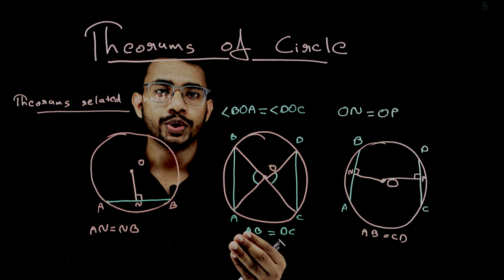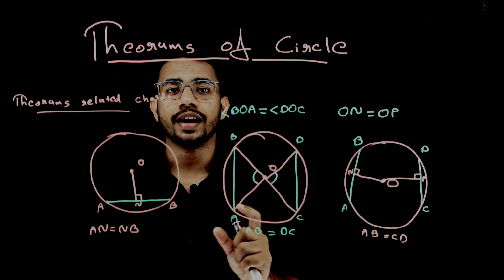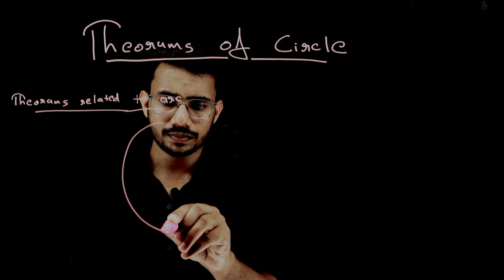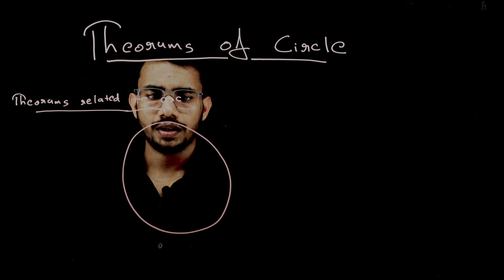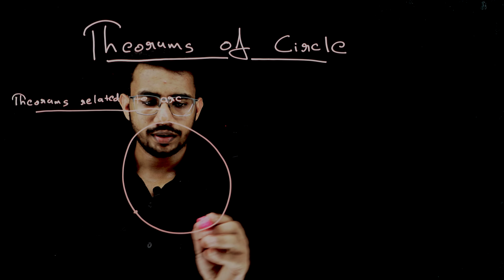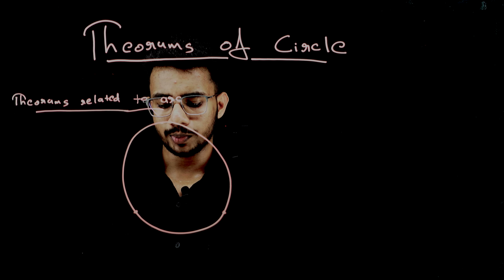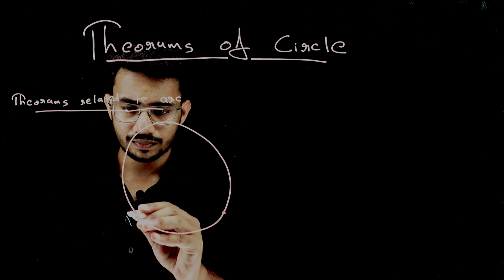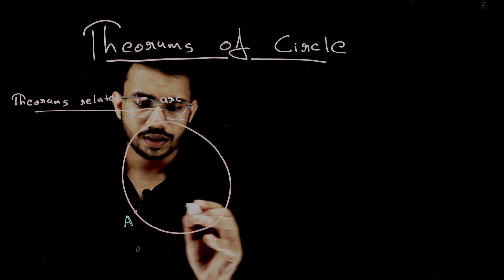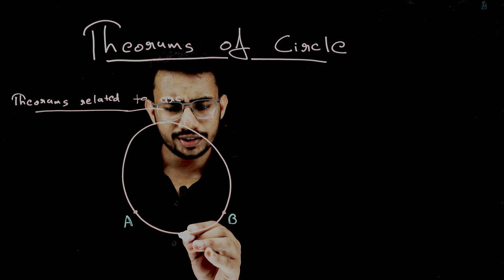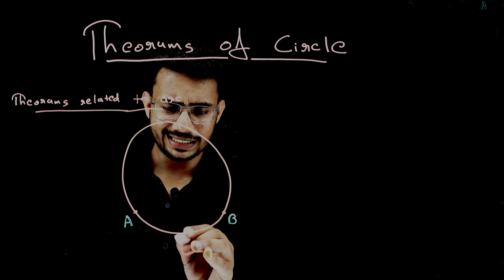Now we will move on to the theorems related to arcs and angles. Let's say I'm having a circle like this, and I'm having two points here. The first point being A, and the second point being B. And let's say I'm having a small x here also.